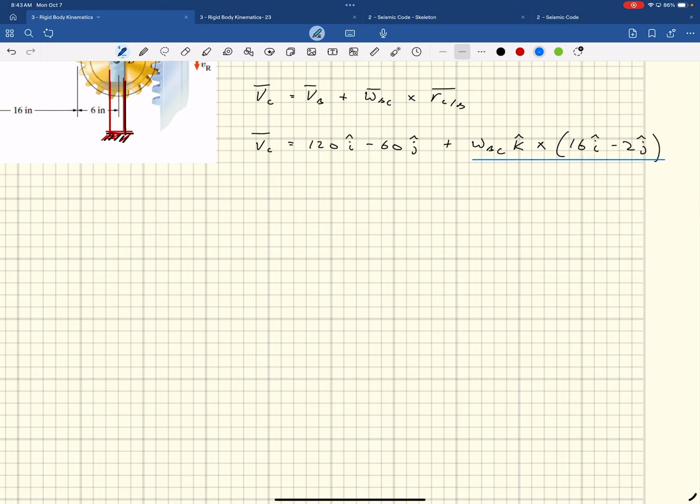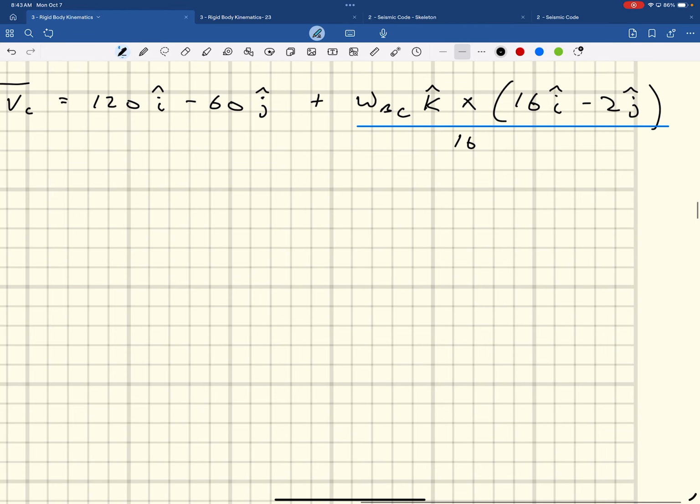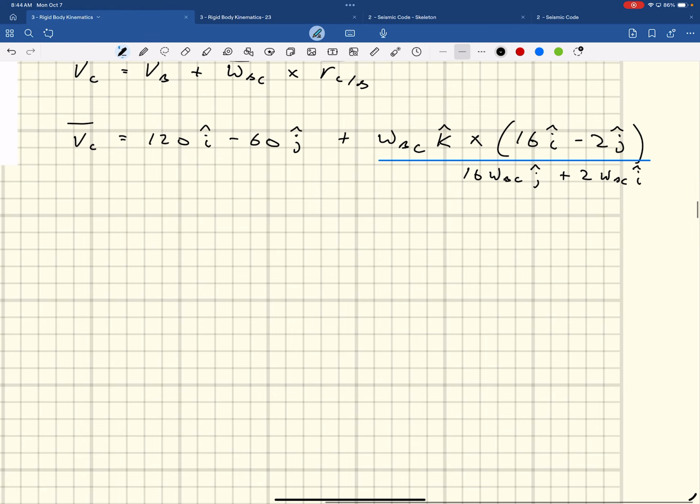So you can carry out this cross product. This would be 16 omega BC in the J plus 2 omega BC in the I. That's what that guy is.